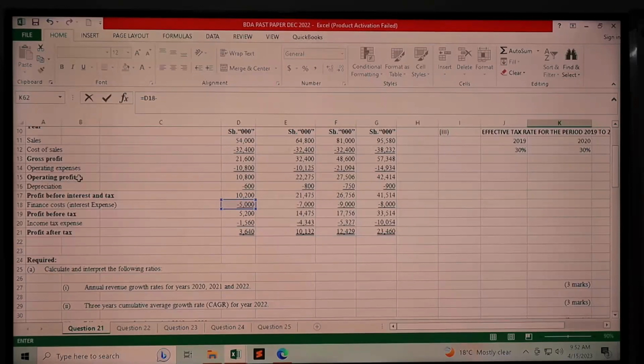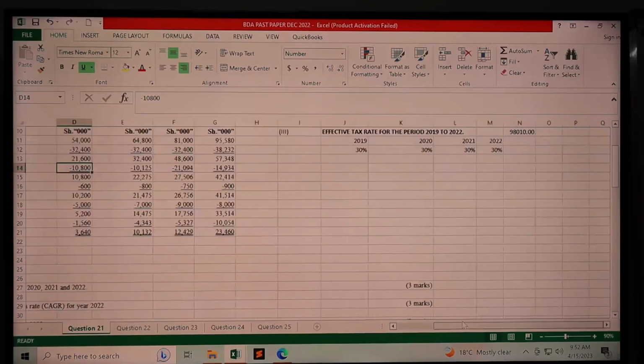Interest expenses, operating expenses. You take what minus what? So you start with this. Just a minute. What is my formula?